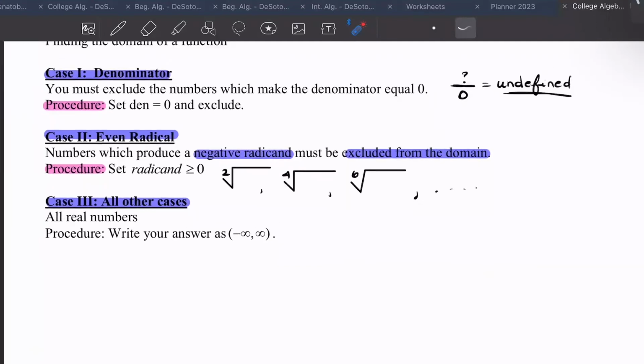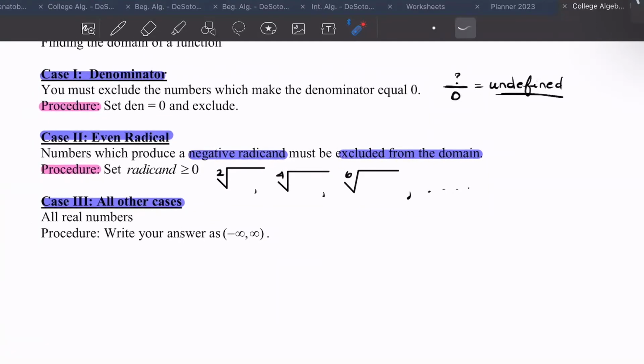Case three is all other cases. This is all real numbers. This is when you don't have a fraction and when you don't have an even root. If you have an odd root, you are fine. We can have negative numbers as our radicand with odd radicals. It only matters when it's an even radical. So if you just had an expression there, you would just say all real numbers.